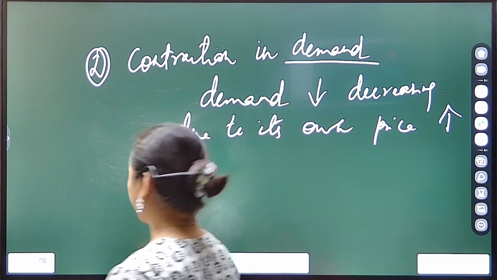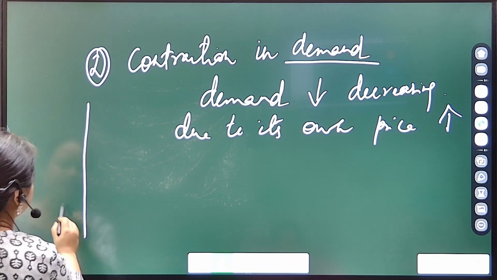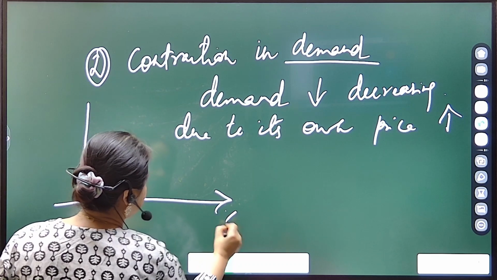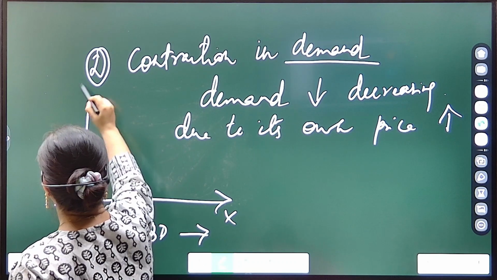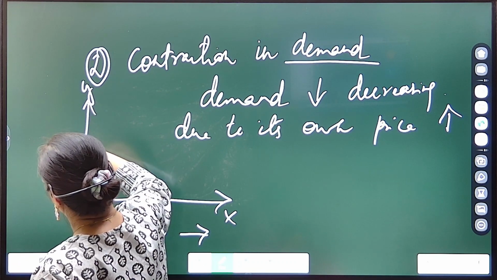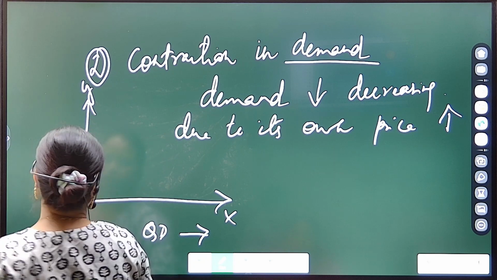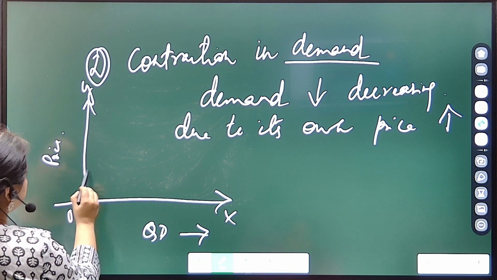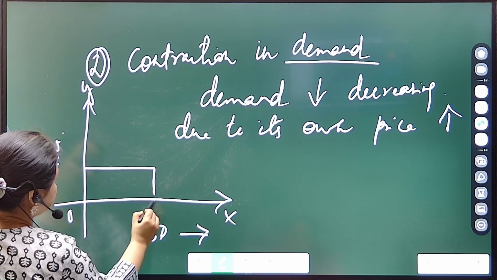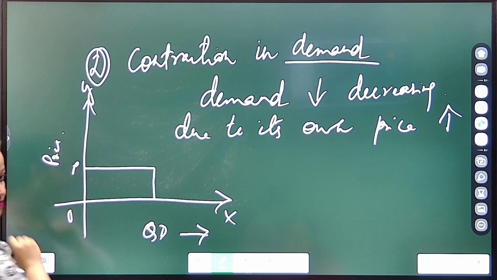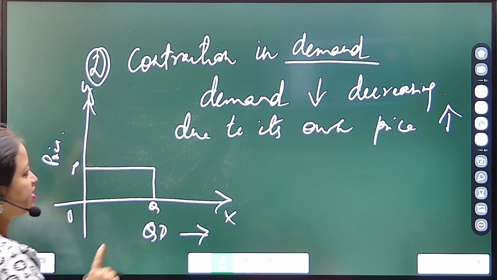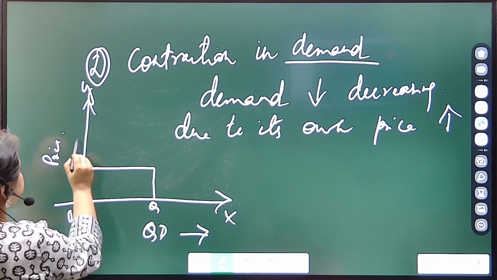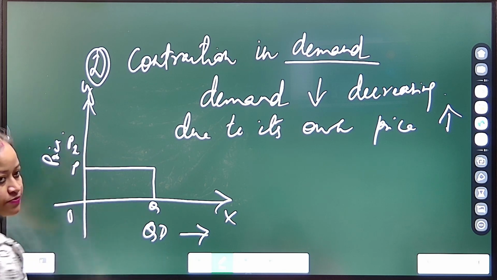contraction in demand. Okay, so in the previous diagram we can see here in the x-axis this is your quantity demand, in the y-axis you have your price, and this is 0. This is P, this is P, and this is Q. And when price is increasing, suppose this is price P2.